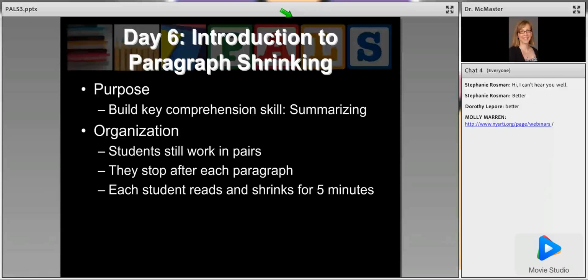That's going to take place for another 5 minutes per student, so 10 minutes total. And they're just going to continue reading on from where they left off before they did their retell activity. But this time they're going to stop after each paragraph and summarize the paragraph. And each student will read and shrink paragraphs for 5 minutes.